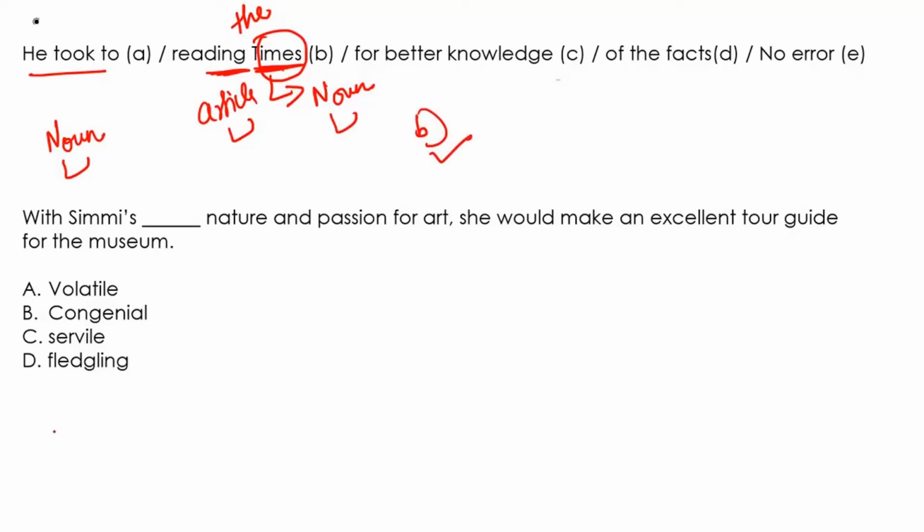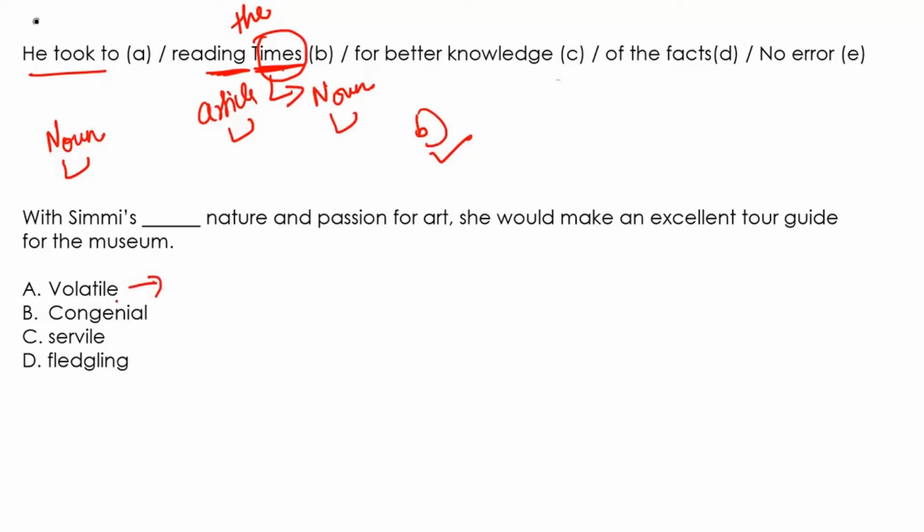Next question is: "With Simi's dash nature and passion for art, she would make an excellent tour guide for the museum." Sometimes from the sentence itself you can get the idea of what would be in the blank. Of course, you can see some praiseful things are there, so definitely a negative word cannot be put here, right?